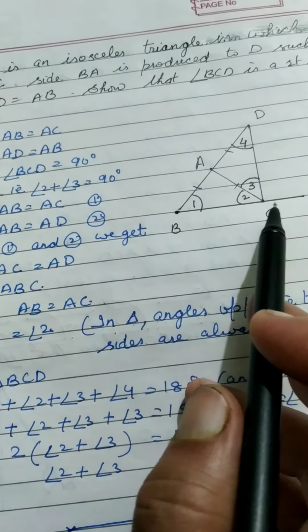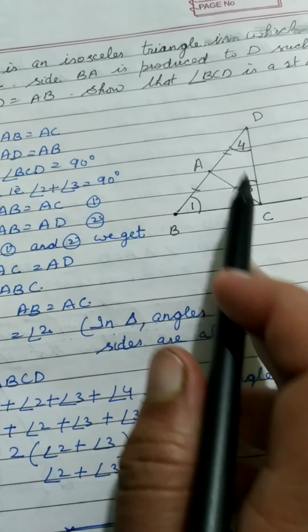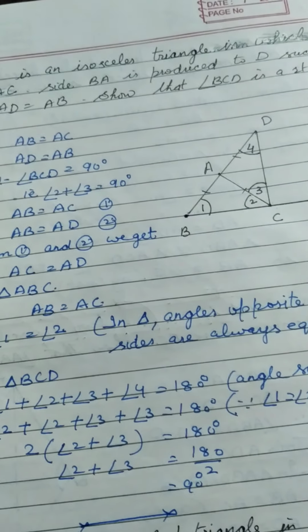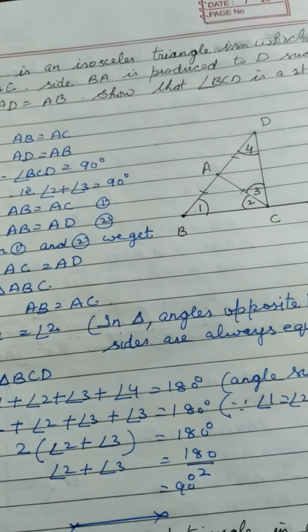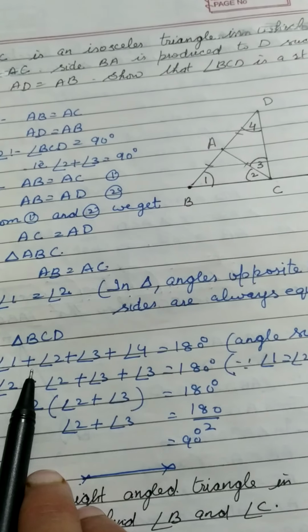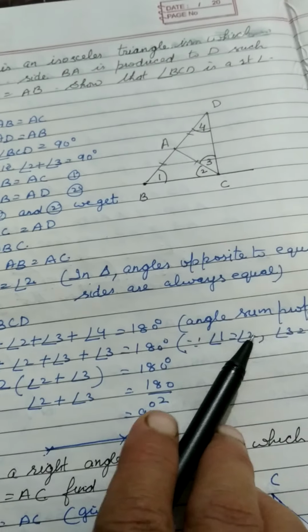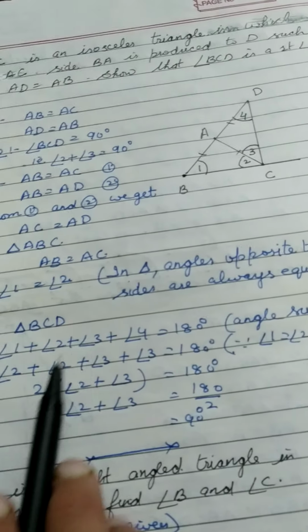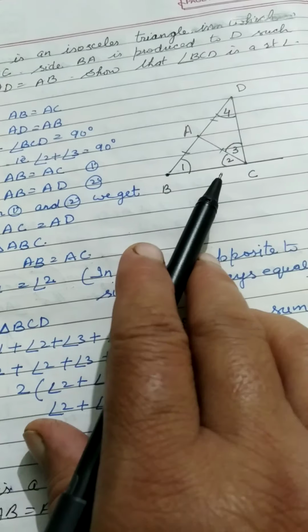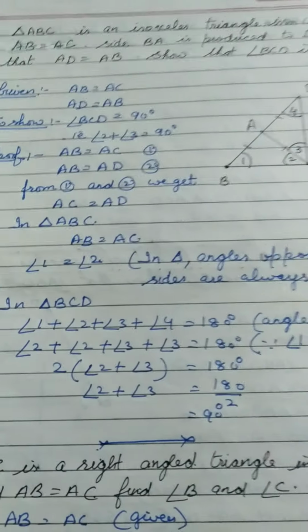In triangle DBC, angle 1 plus angle 2 plus angle 3 plus angle 4 is equal to 180 degrees, because the sum of angles in a triangle is 180 degrees. See here, 1 plus 2 plus 3 plus 4 is equal to 180 degrees by the angle sum property. Now because 1 is equal to 2, instead of 1 we can write 2.